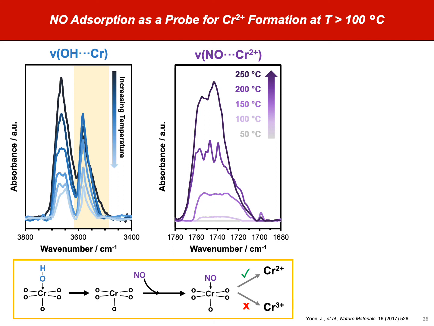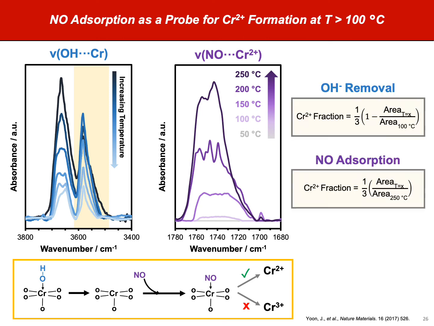These experiments are done at room temperature, but as a function of activation temperature. When we bring in NO, we see that NO binds selectively to Cr2+ sites at room temperature, but not Cr3+ sites, as noted from the lack of the nitrosyl peak corresponding to binding to Cr3+. We can estimate the fraction of hydroxyl removal.